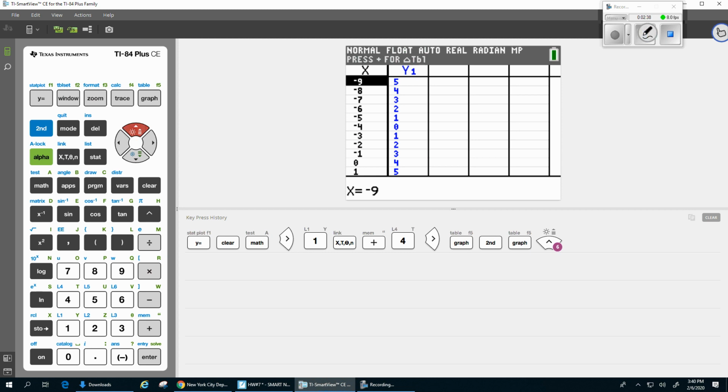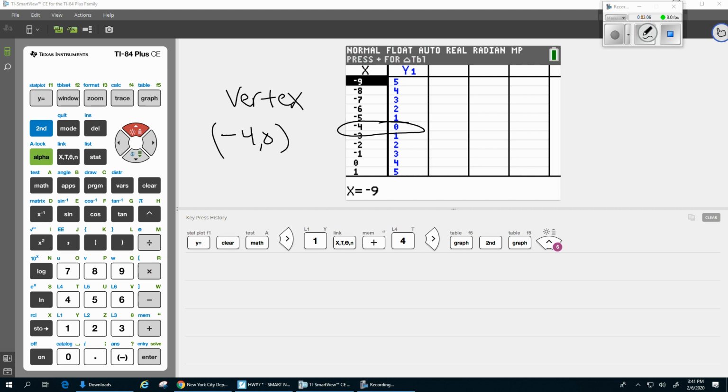So here you can see that there's symmetry around the point -4, 0. I have 1 above, 1 below, 2 above, 2 below, etc. So there's symmetry around that point, so that is our vertex, -4, 0. You'll also notice that the y value is the smallest y value in the table.